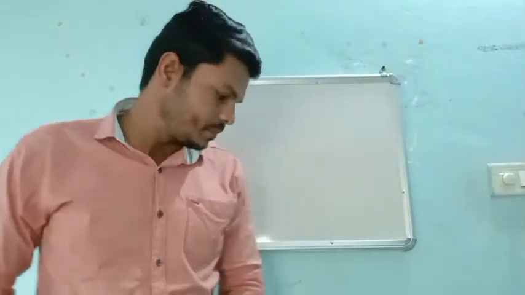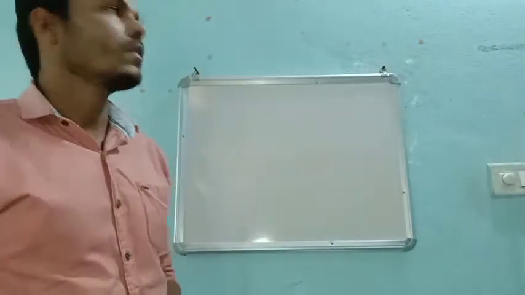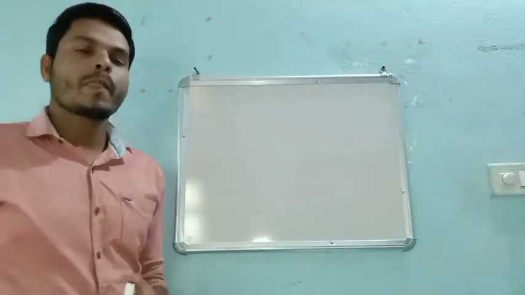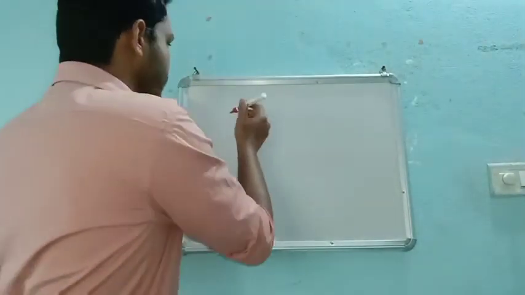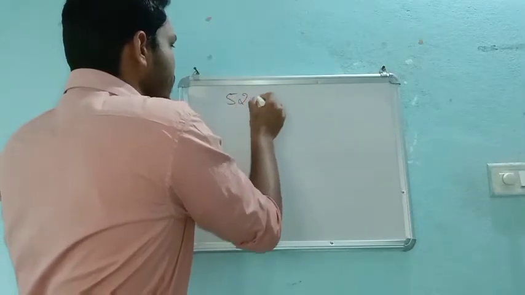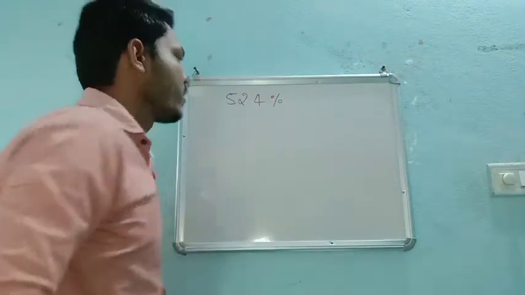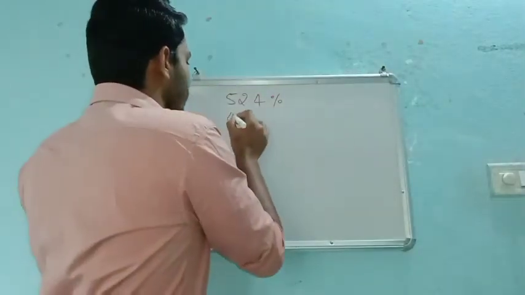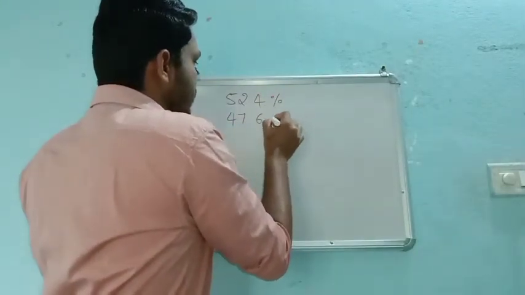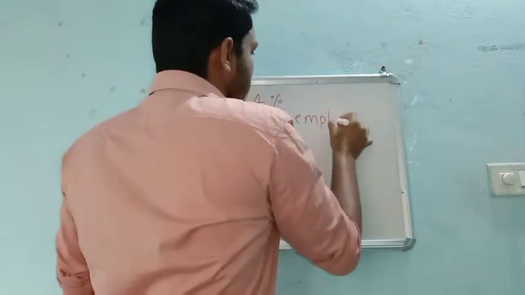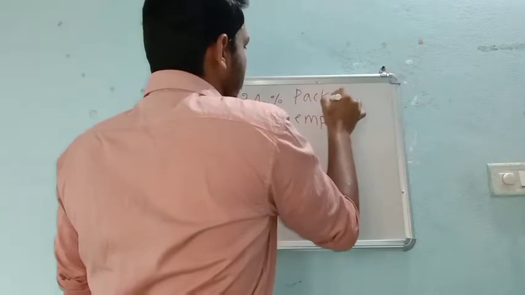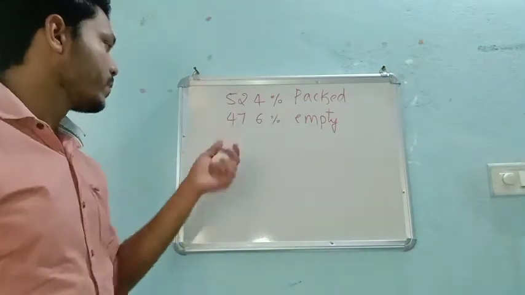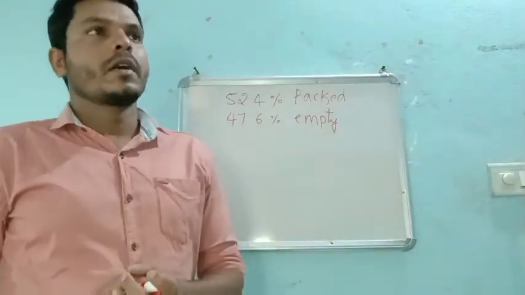So in the last class, we saw the packing efficiency of the simple unit cell, and we calculated it. In the case of the simple unit cell, approximately 52.4% was packed and 47.6% was empty, right?